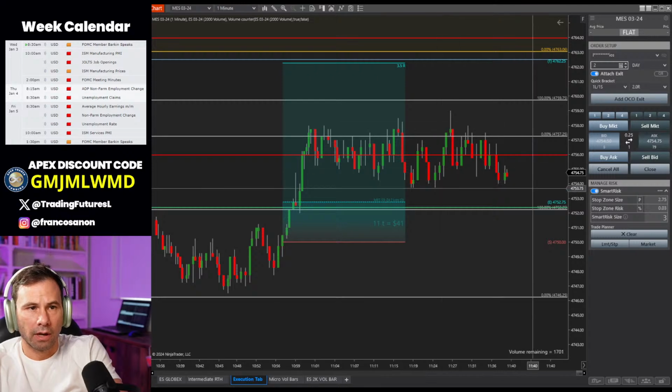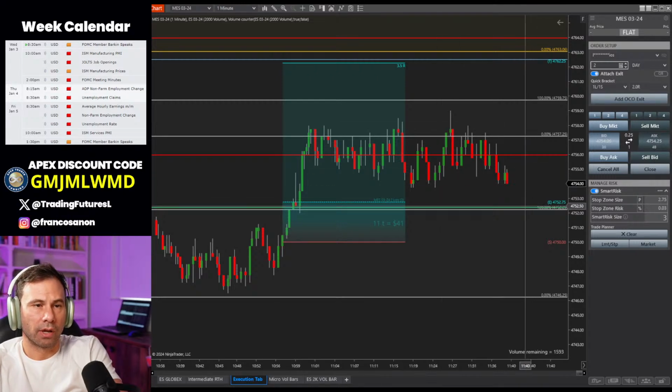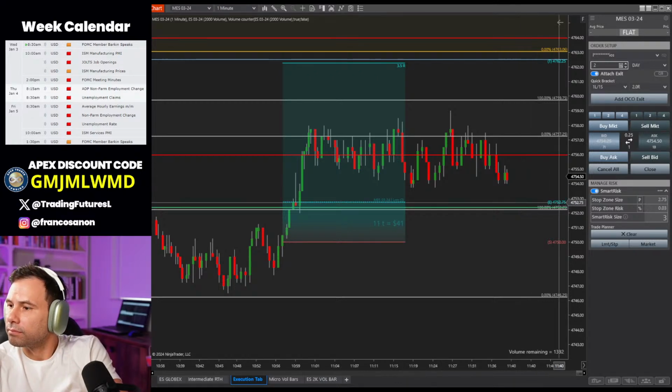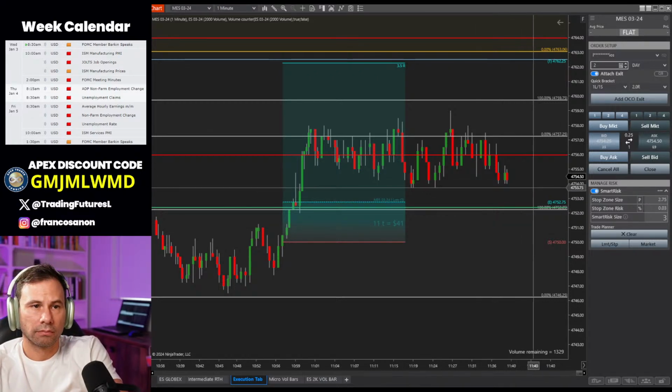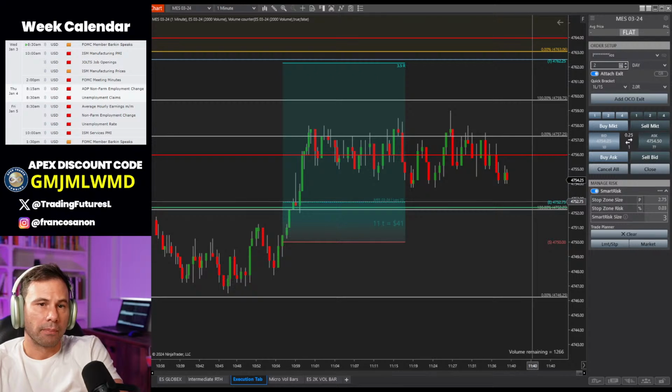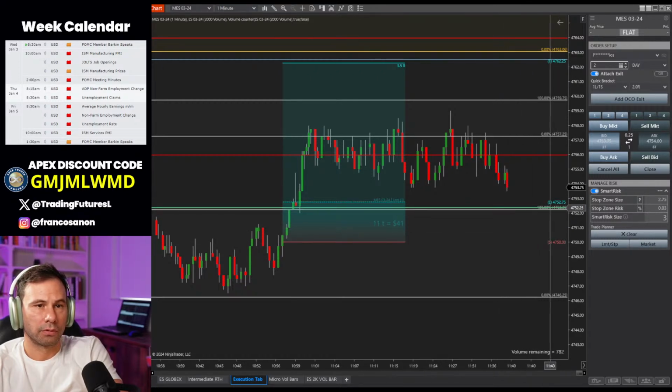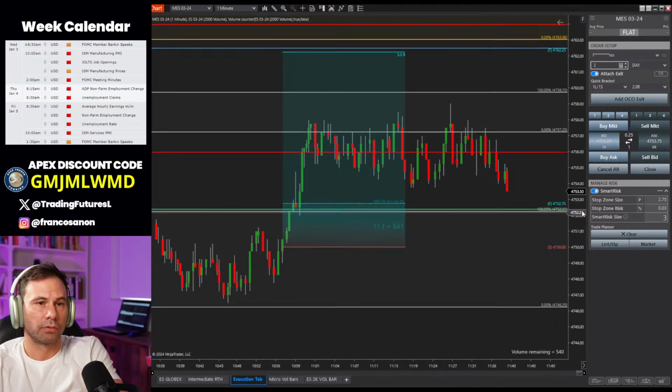I just want a lack of momentum to the downside, and it looks like there is lack of momentum to the downside. And I'm not going to take it with a limit order. I'm going to wait for it to touch 52.25, and then my order is 52.75.